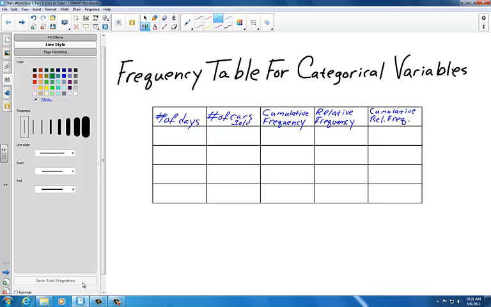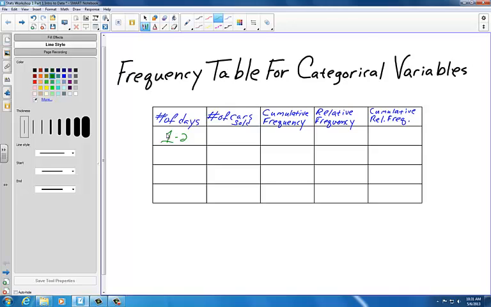So in this frequency table that I set up, the first column here we have number of days. The second column I have number of cars sold. So let's assume that we're talking about a car dealership where for days 1 and 2, the first 2 days of the week, this dealership sold 7 cars.